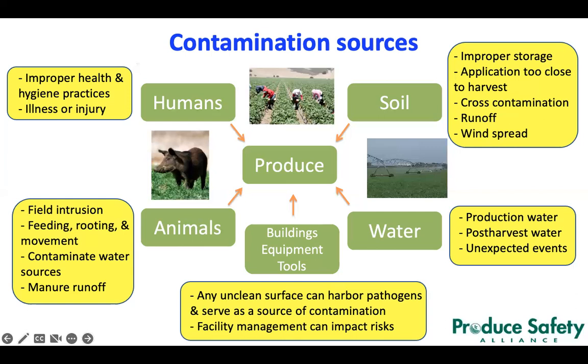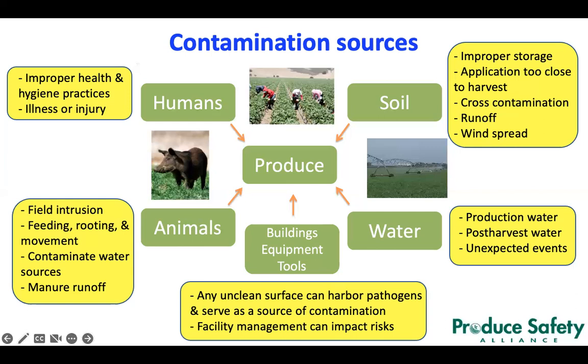The most commonly overlooked sources are the buildings, equipment, and tools. Any unclean surface that contacts produce can harbor pathogens and serve as a source of contamination. This also includes the pest management equipment you are using, and facility management can also impact the risks.